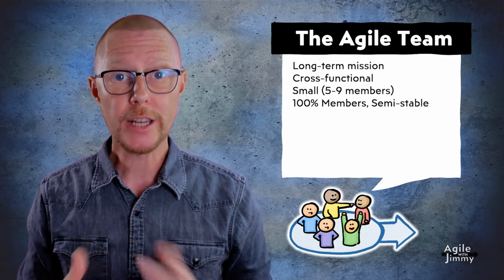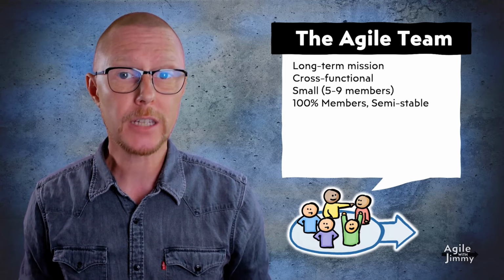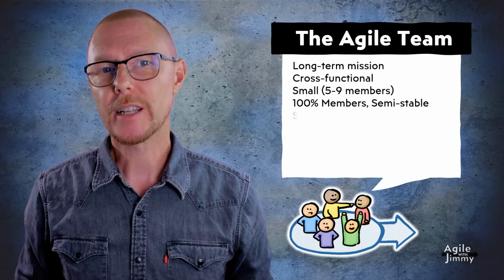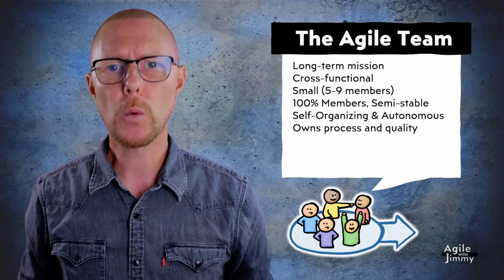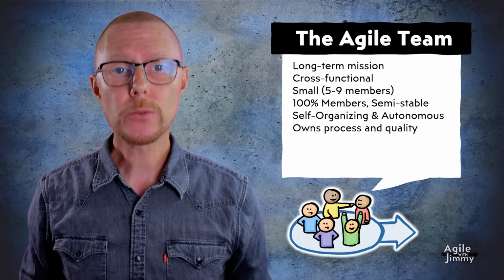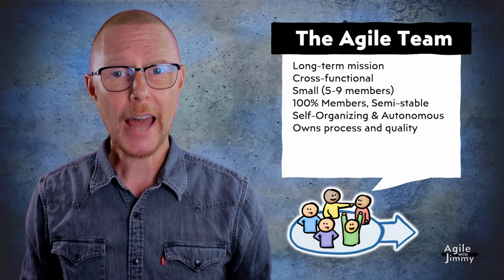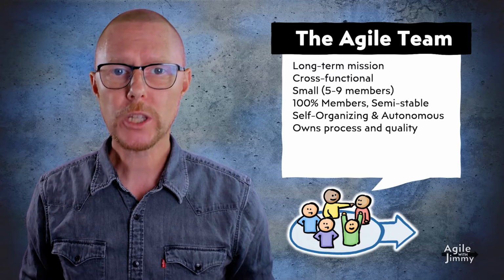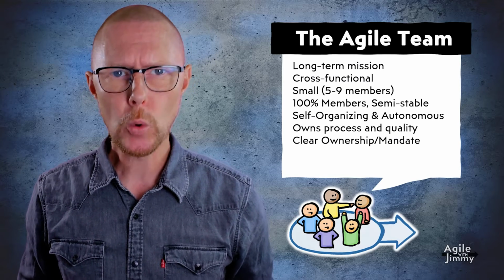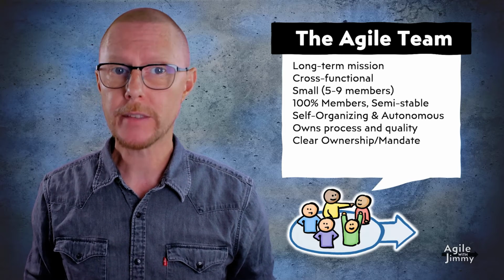To be able to gel and figure out how to collaborate effectively together, they stay together for a reasonable period of time. It's up to them to design a process, a way of working that is adapted to their needs, and to figure out how to deliver with high quality and how to maintain and care for what they've already built. It's clear to them what domains they own and their boundaries of decision mandate.